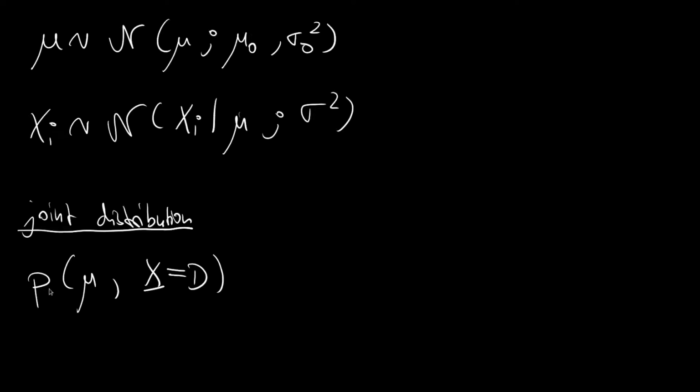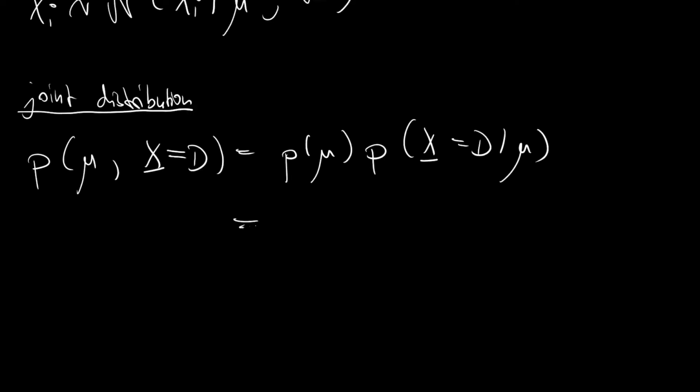So we say the probability density of mu and the grades of the n students are the grades that we observe. This will then be, according to the factorization, the probability of mu times the probability of the x vector being the dataset under the latent mu. In shorthand notation, we also call this p of mu and the dataset.